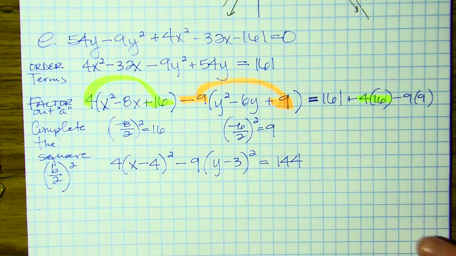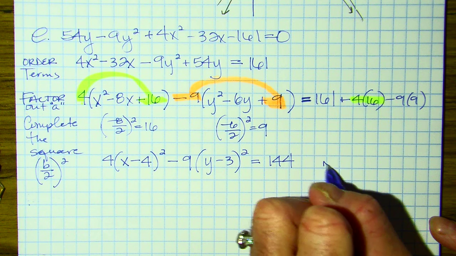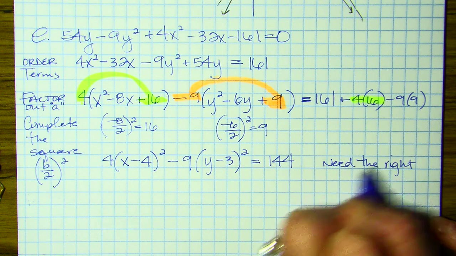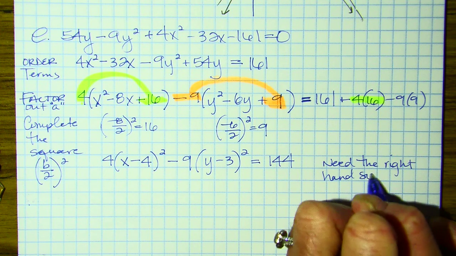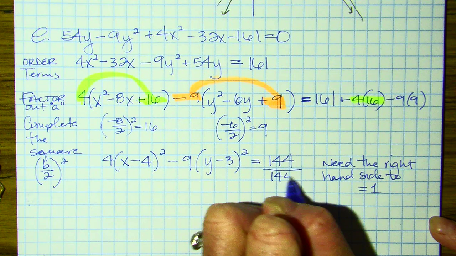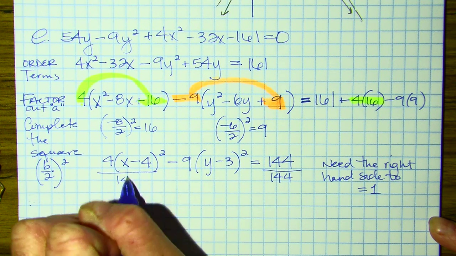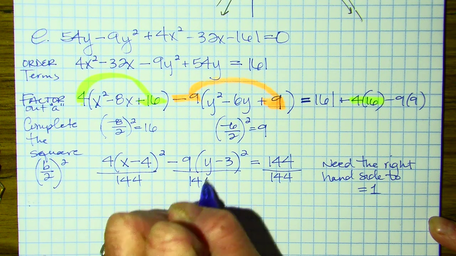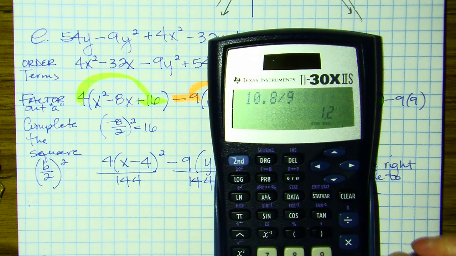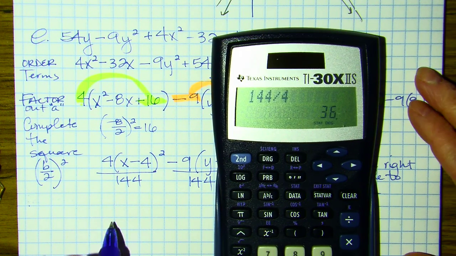So finally, to get this into standard form, I need the right-hand side to equal 1. And the only way to do that is to divide everything by 144. And then I reduce. 4 goes into 4 once. 144 divided by 4 is 36.